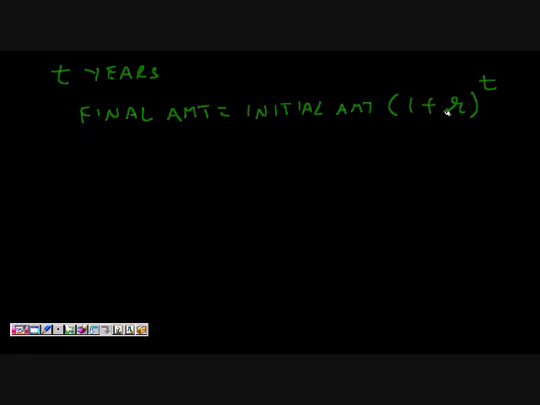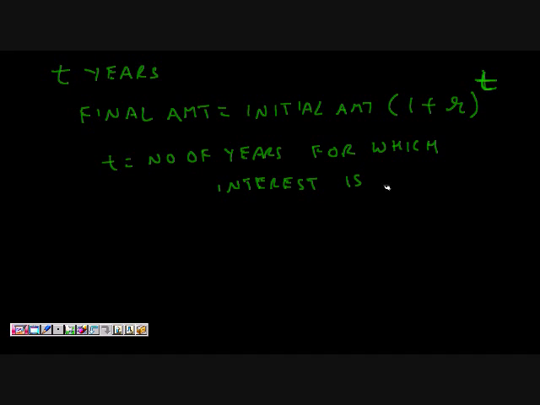1 plus r raised to t, where t is the number of years that you want to calculate the interest for. So t is the number of years for which interest is needed. r is the rate of interest.